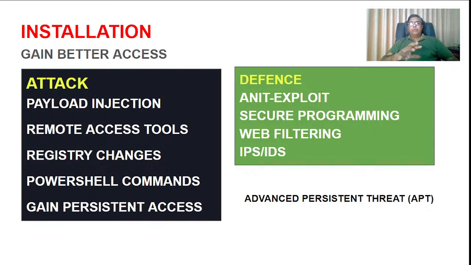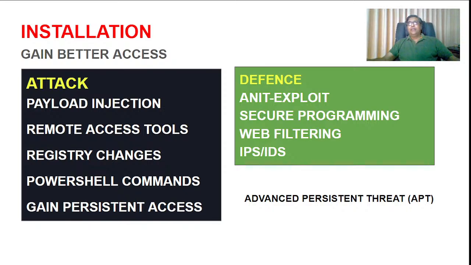The next step of the kill chain is installing advanced software to gain better access. You apply different payloads, you inject them into your DLLs, install remote access tools like Trojans. You can control your machine or server.